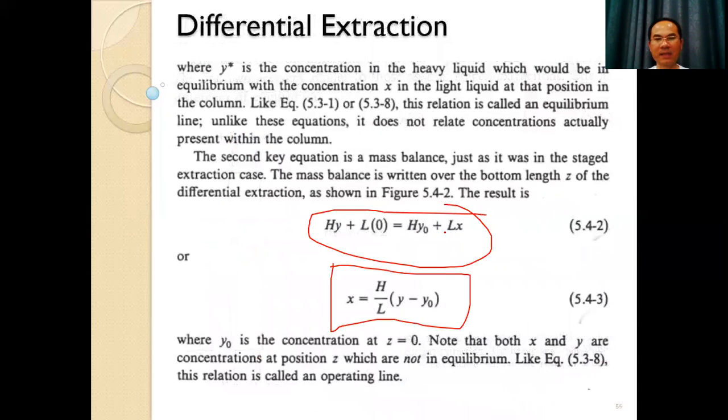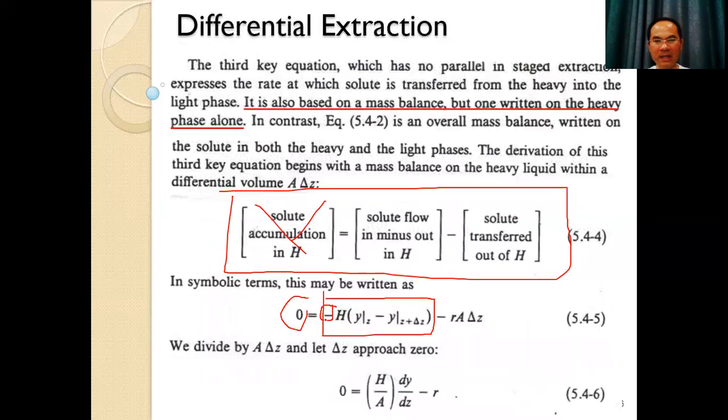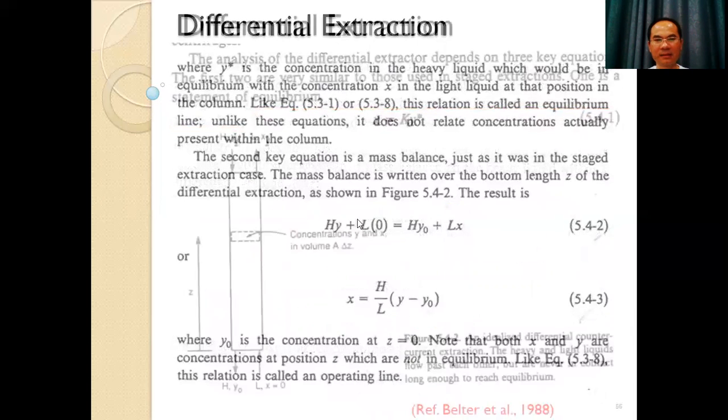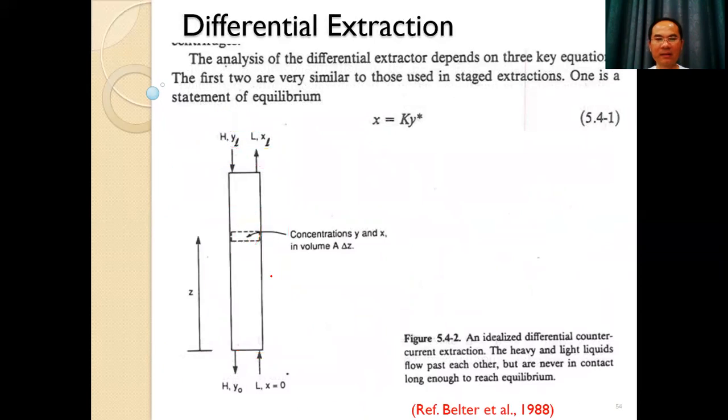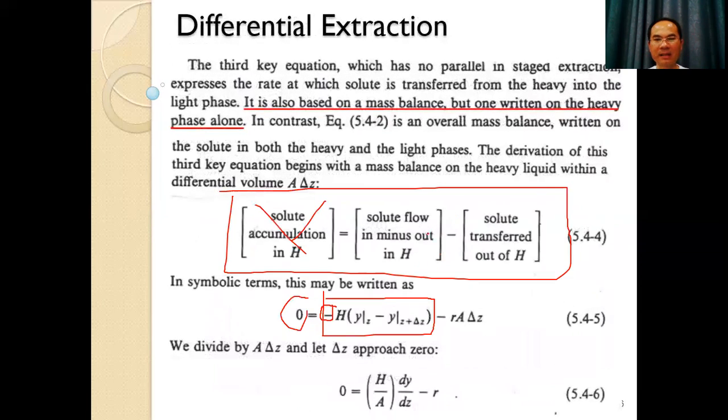Here we get minus S at Y at Z minus Y at Z plus delta Z. It is at Z, Z plus delta Z, but for this it is opposite, so we use minus. Another term is the amount of solute transferred out of the S, which is equal to R multiplied by the volume of the cell.